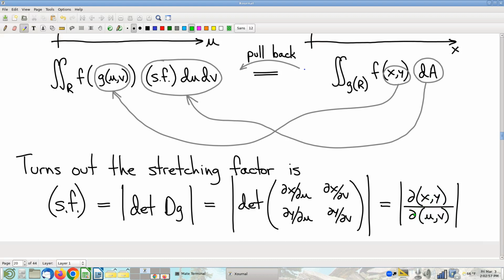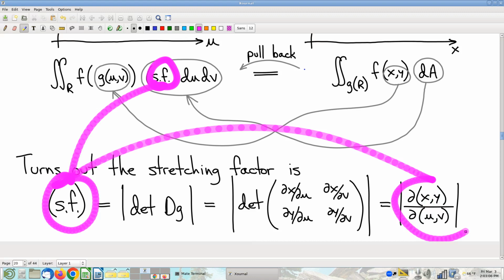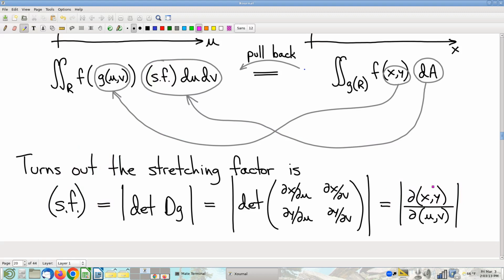There's one more reason that I really like this notation, and I'm going to show how this plugs into the formula. Don't forget what we're talking about here is my stretching factor. It's the stretching factor that sticks in there. Let me now write down the stretching factor here: partial xy over partial uv.